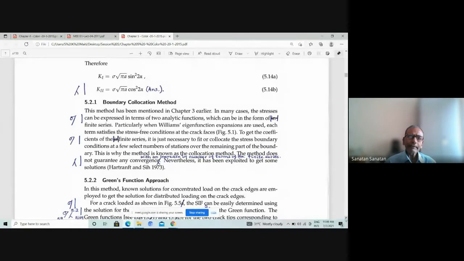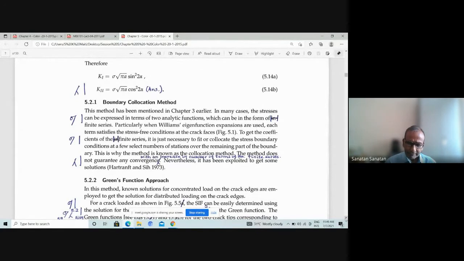So if it is an infinite series, then the expansion for stresses sigma x, sigma y, and tau xy in 2 dimensions will have an infinite number of terms. Therefore, the SIF in general will be related to the coefficients which are associated with z to the power minus half.